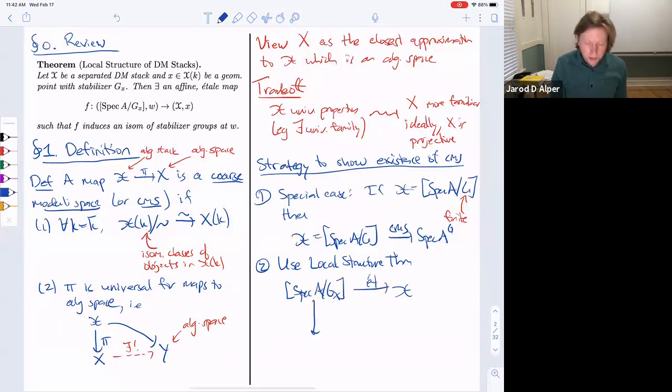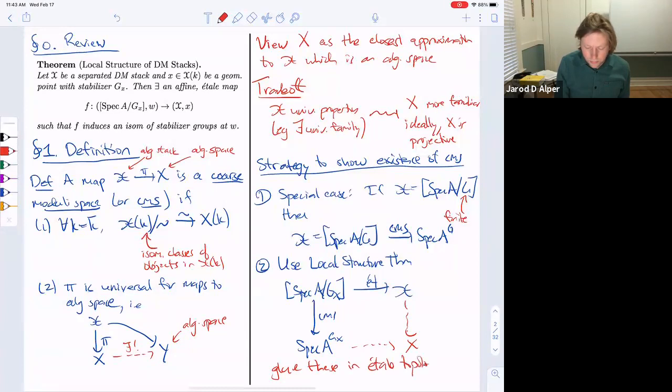And this one, by the special case, has a coarse moduli space. And then the goal is to glue these in the étale topology to construct X. All right, that's the strategy. Any questions on that?